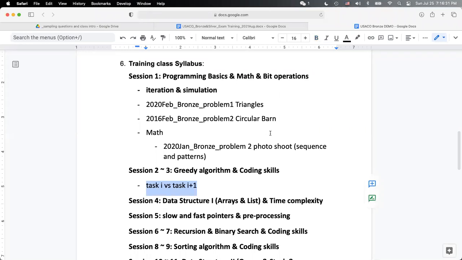If this is a greedy question, then you have to justify that, in order to finish all the tasks, the optimal way we do task i will not affect the optimal solution we do for task i plus 1. So there's no dependency between the small tasks. If we can justify that, we can use a greedy algorithm to resolve it.